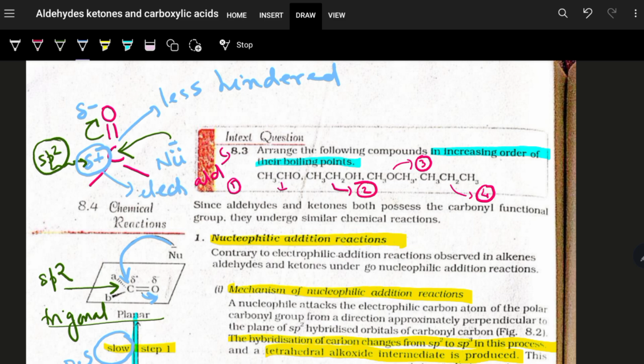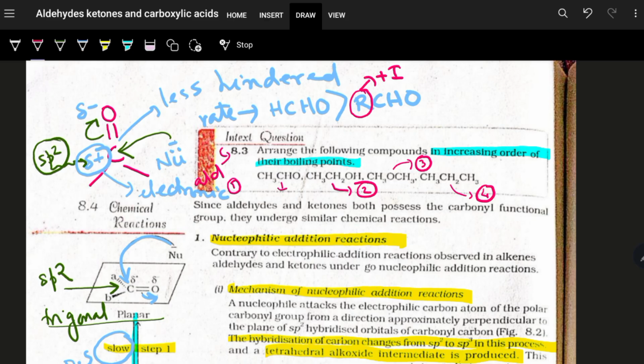So this is the electronic reason. The more the delta positive character over the carbonyl carbon, the greater the tendency of the nucleophile to attack it. So I can say that HCHO, formaldehyde, has the maximum rate of nucleophilic attack compared to RCHO. Why is it so? Because in RCHO, the R group has a plus I effect, which reduces the electrophilicity, or the delta positive character over the carbon.